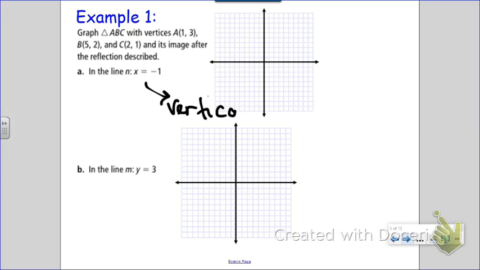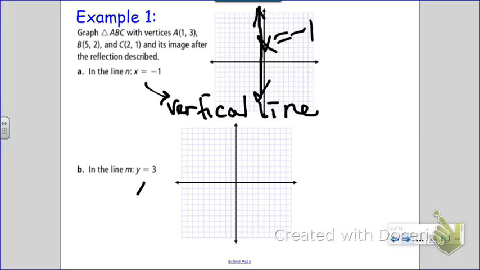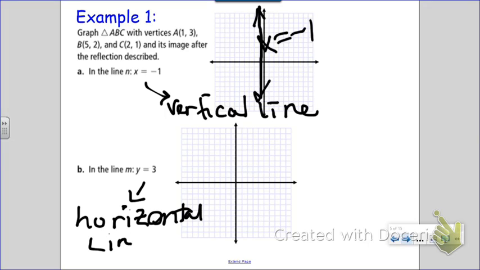On this page, I'll look at the lines, and then I'll show you the actual reflected image on the next slide. X equals negative 1 would be a vertical line drawn at negative 1. Y equals is a horizontal line. Y equals 3 would be a horizontal line drawn at 3.